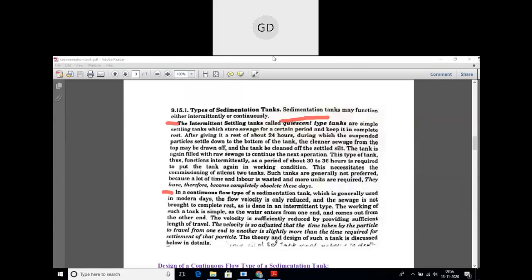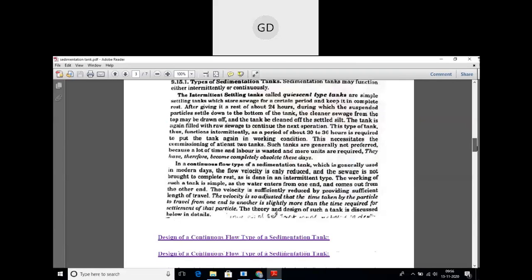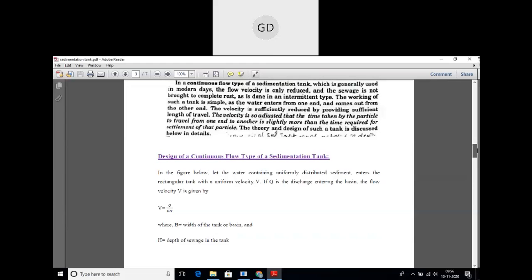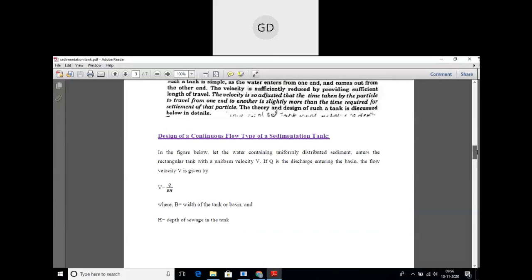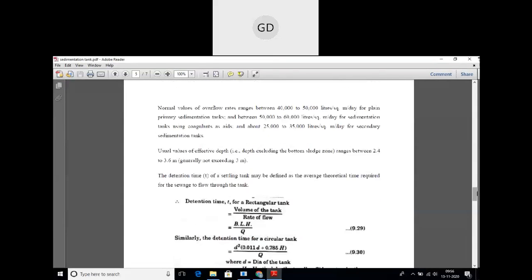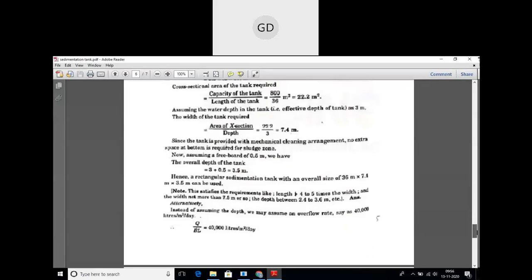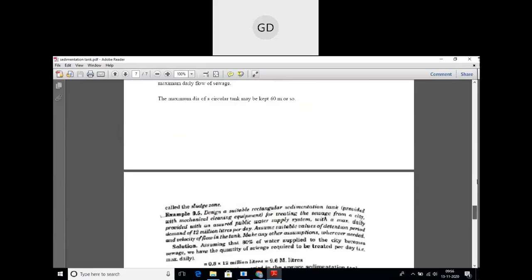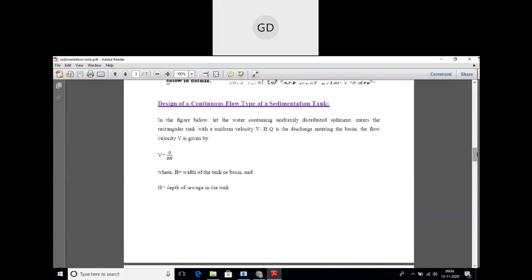Next, let us see the design. Now we will be solving one design problem. But for that, you need to know certain formulas.